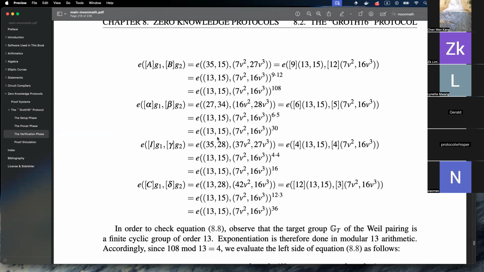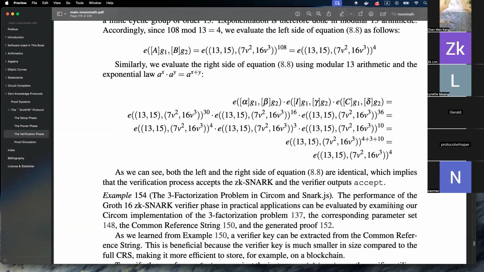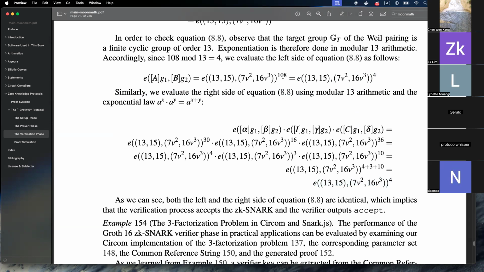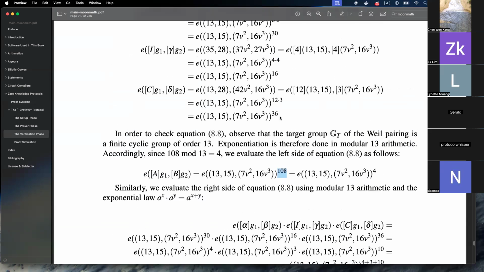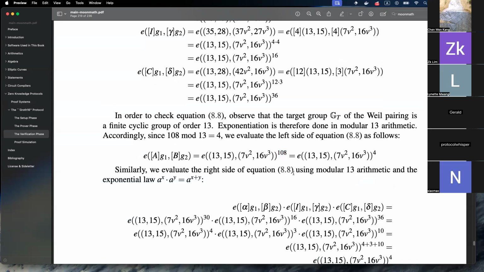Actually it's equal, because this is after modular 13 arithmetic. You apply modular 13 arithmetic to this and it's the same.